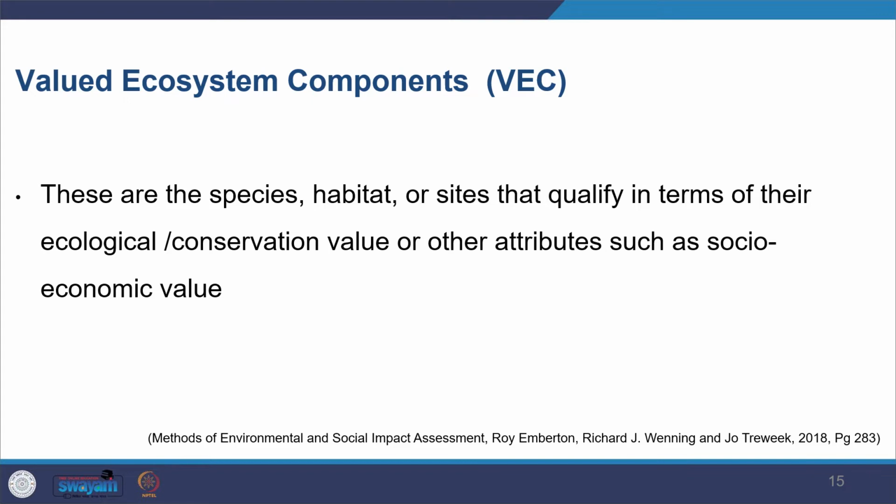So valued ecosystem components means that these are the species, or it can be habitat or sites that have ecological and conservation value, or other attributes such as like they have a socioeconomic value to the people who are affected by the project, or who are in the project area. So any significance which it has, so that those species, habitat or sites have to be identified.